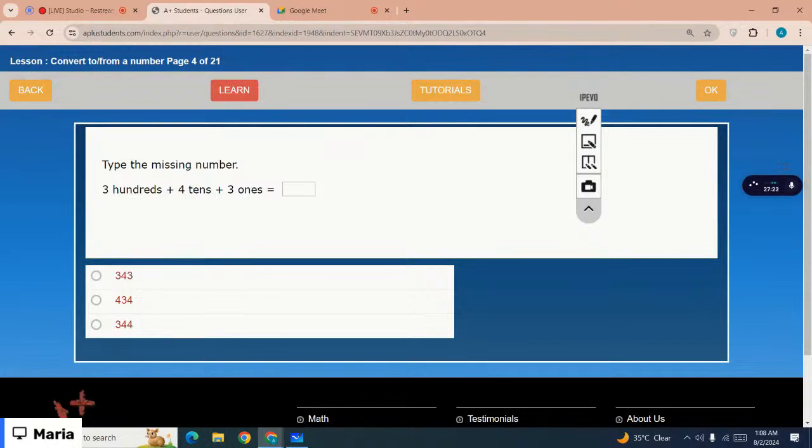The correct option is option number 1. Very good, it is 343. 300s, 4 tens, 3 ones. So together they make 343. That is option number 1, the correct one. Got it?